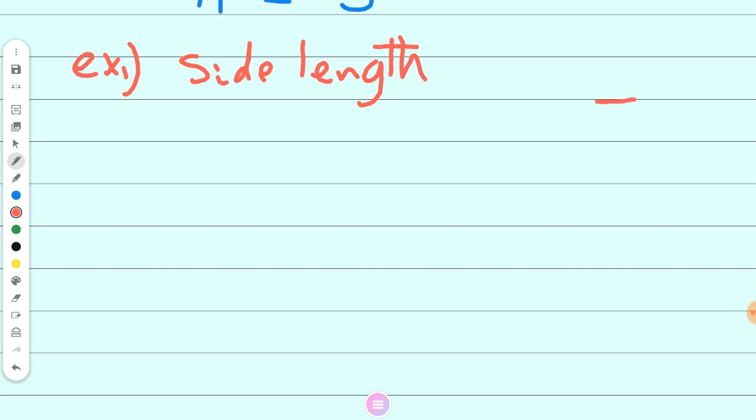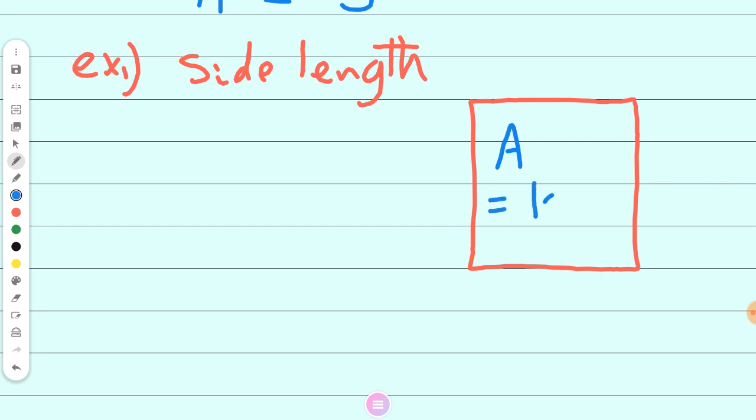If I have a square like this one, its area equals 100 square feet. The unit of area is squared: with centimeters it will be square centimeters, and with inches it will be square inches, because it's area. Now I need the side length.